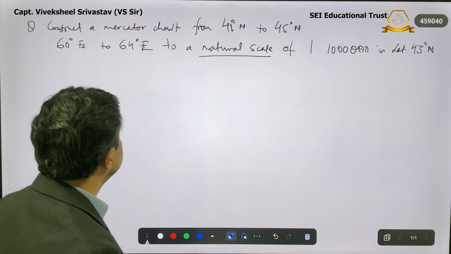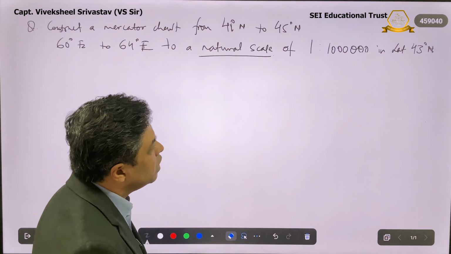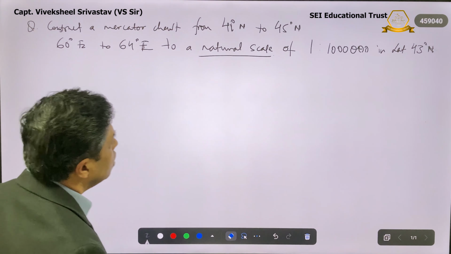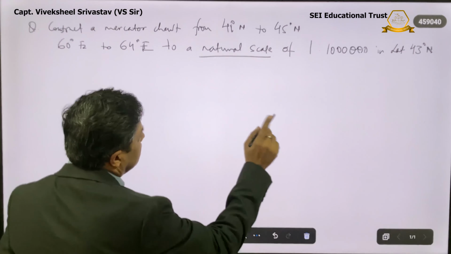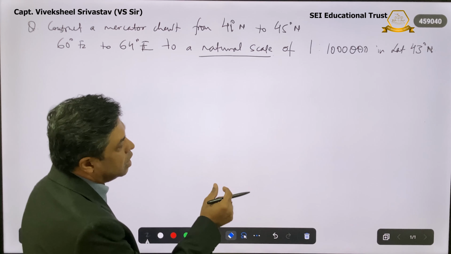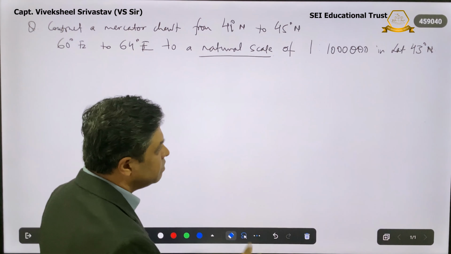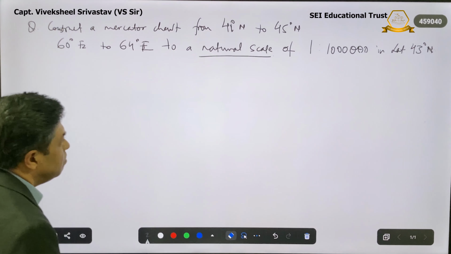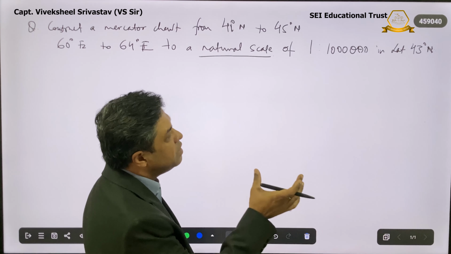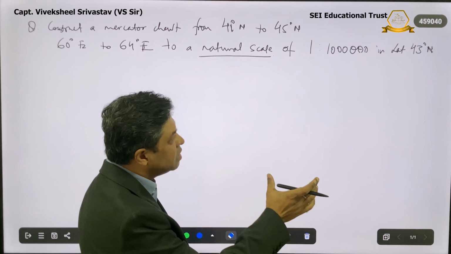So the question says that natural scale is 1 is to 10,100,000 in latitude 43 degrees north. Okay. So that means at 43 degrees north, 1 centimeter on chart is equal to 10,100,000 centimeters on the earth. Okay. But at latitude 43 degrees north, 10,100,000 centimeters is the departure.